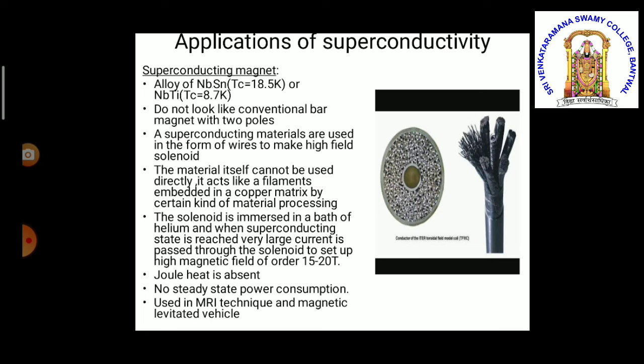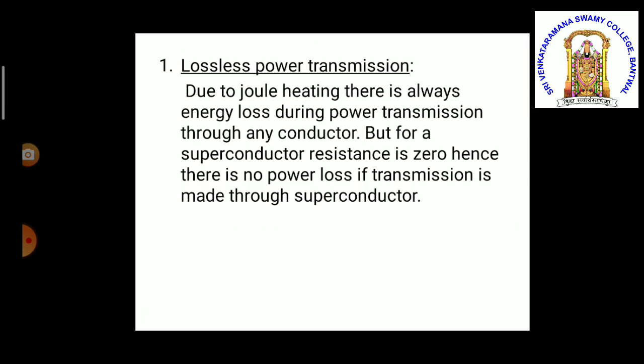Here joule heat is absent, no steady power consumption can be seen, and this type of magnet is used in MRI techniques, that is magnetic resonance imaging. Also, it is used in magnetic levitated vehicles.